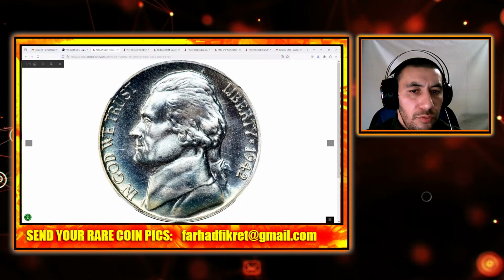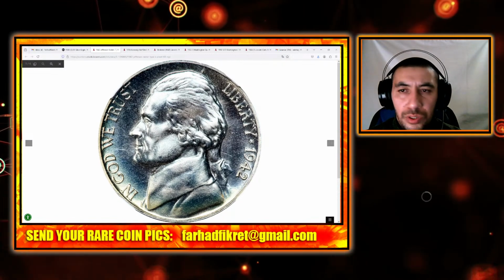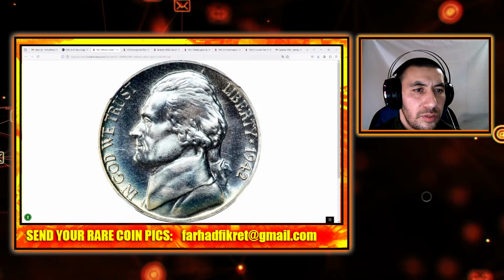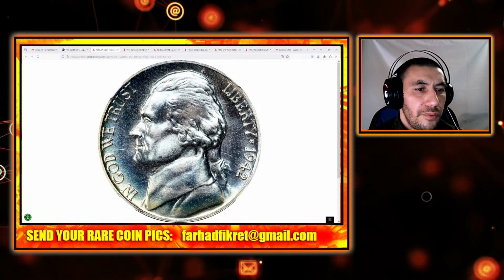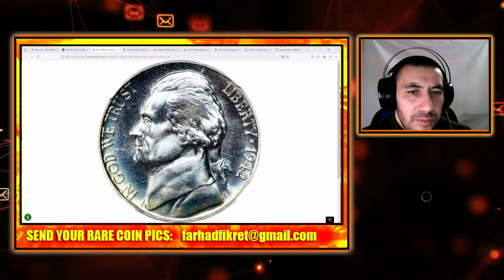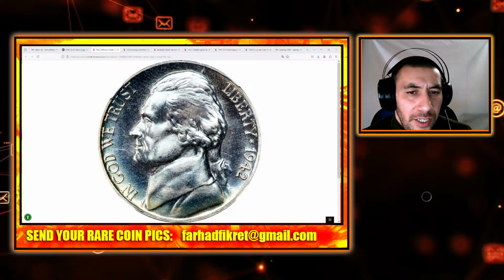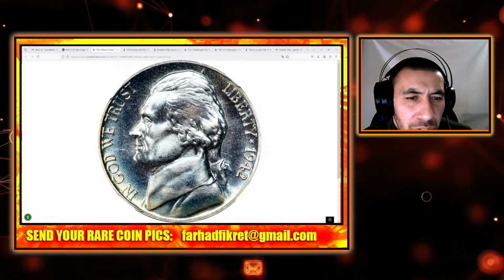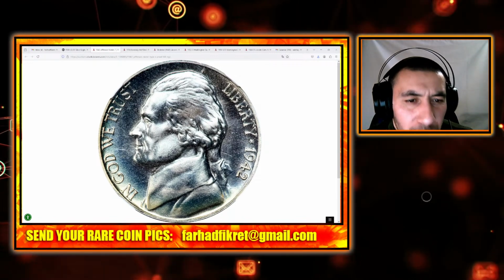Now let's see if we have information about this coin. One moment, please. So it is proof 68, graded as PR 68 by NGC. It's very little information, but nevertheless, I think it's about toning.